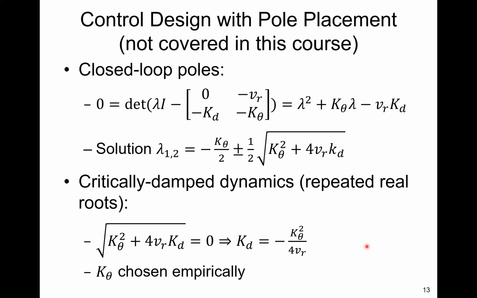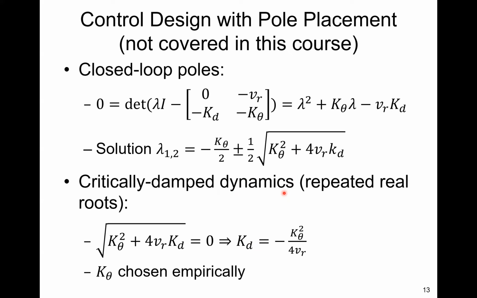If you're a control engineer, you do this in MATLAB. You first work out the closed loop poles, the determinant of lambda I minus this matrix. You get this and get the poles, and then you design the controller to make critically damped dynamics, so that your system converges to the steady state without any oscillation.